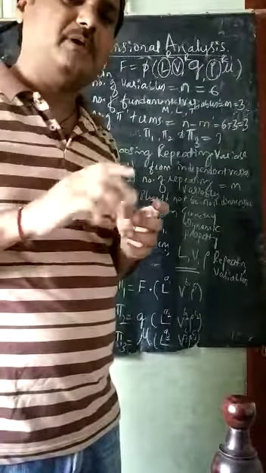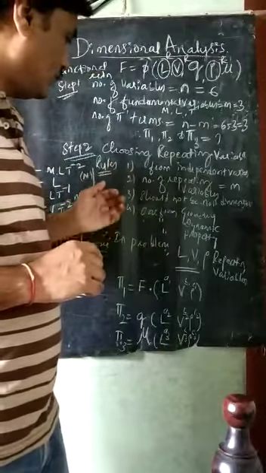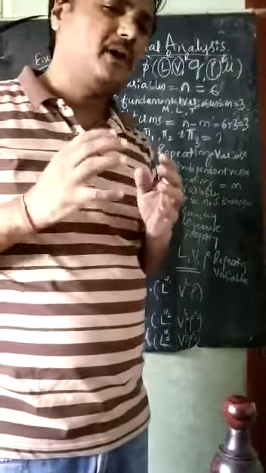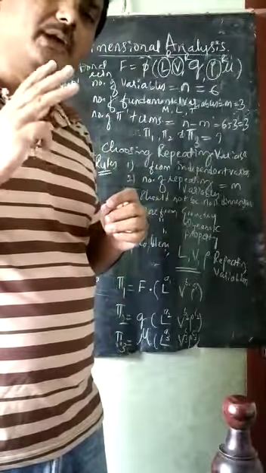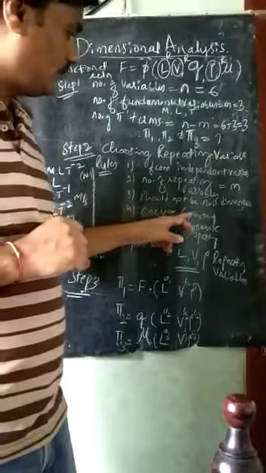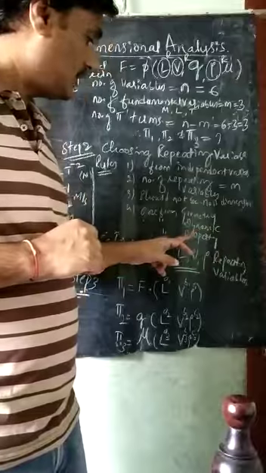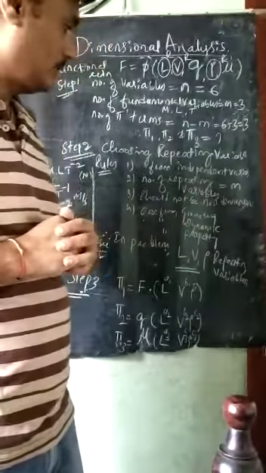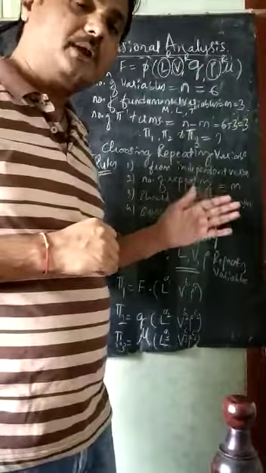It should be dimensional. That is rule number 3. Rule number 4 is, as far as possible, three types of parameters have to be considered when choosing the repeating variables. One is from geometry, one is from dynamic quantity, and another one is from fluid property. So abide by these rules to choose the repeating variables.